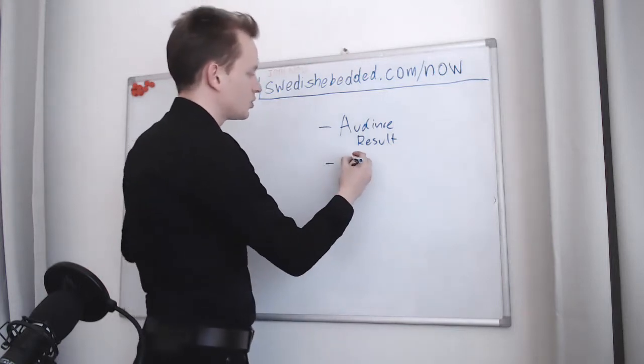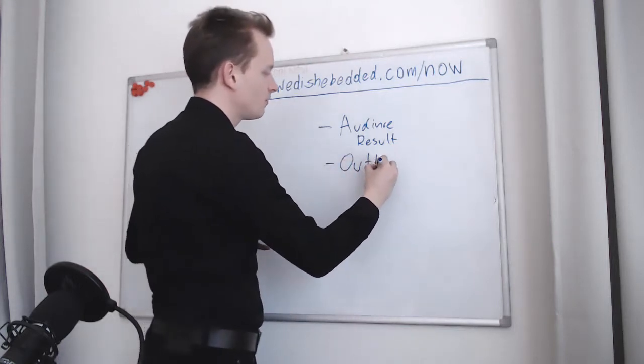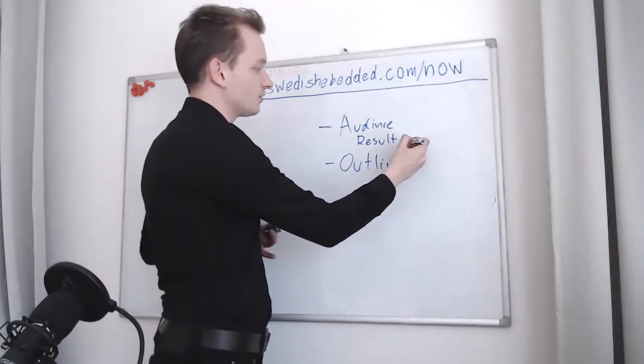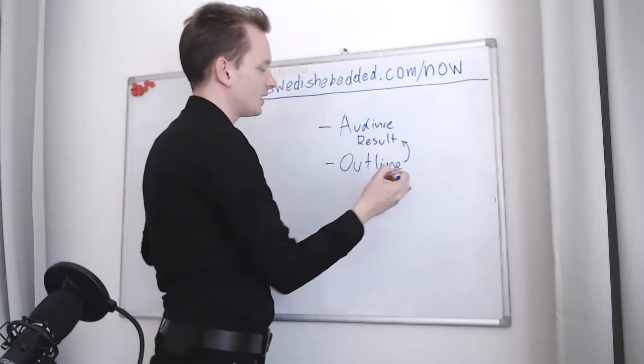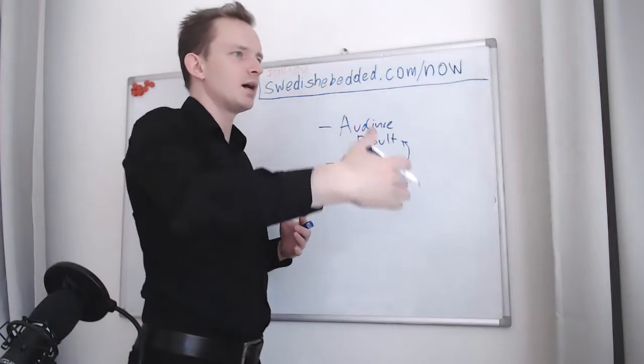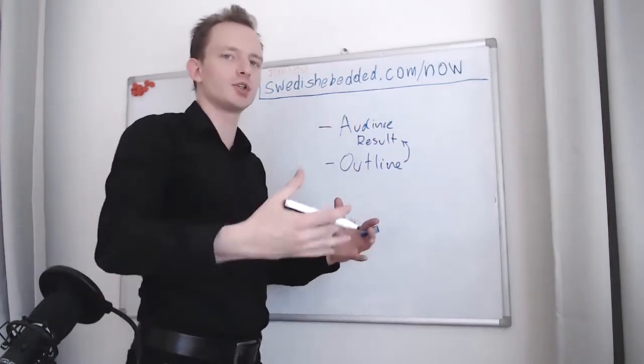So the next step is that you create an outline for your training in order to get this result for your audience. The outline is basically a bullet point list. It's not any complex training. You don't put together the full training.